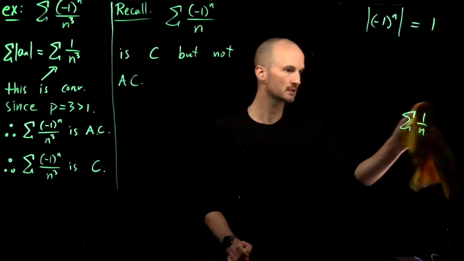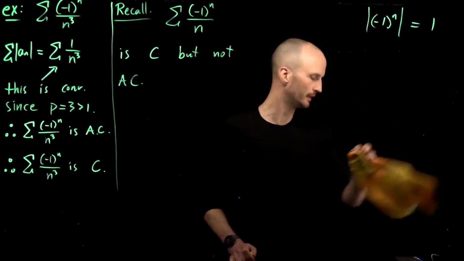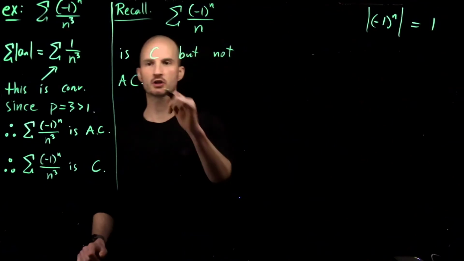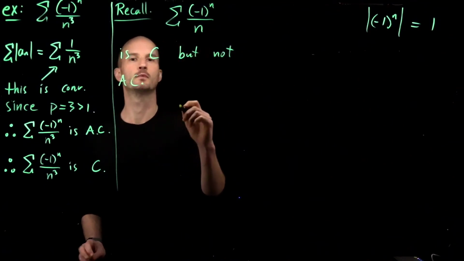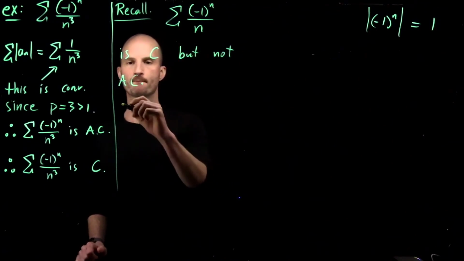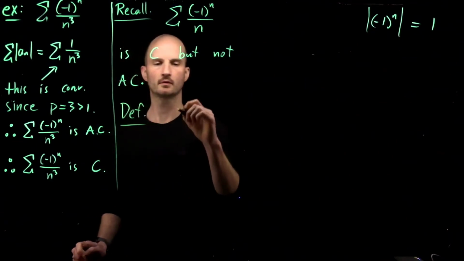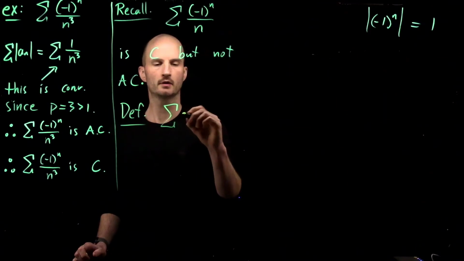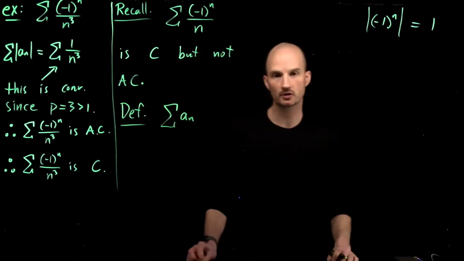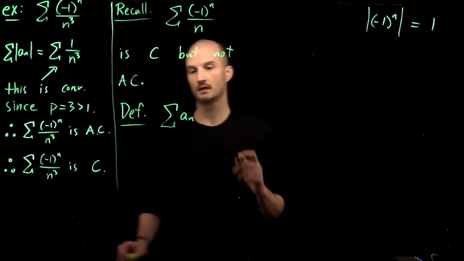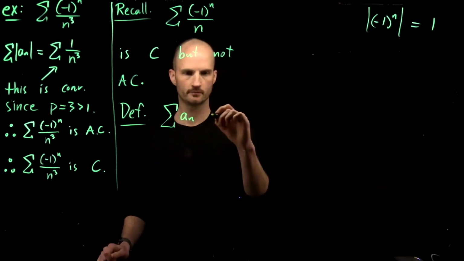Okay, so this is a special kind of guy. We call it conditionally convergent. So we'll use that as a definition. If you have something that is convergent but not absolutely convergent, it's called conditionally convergent.